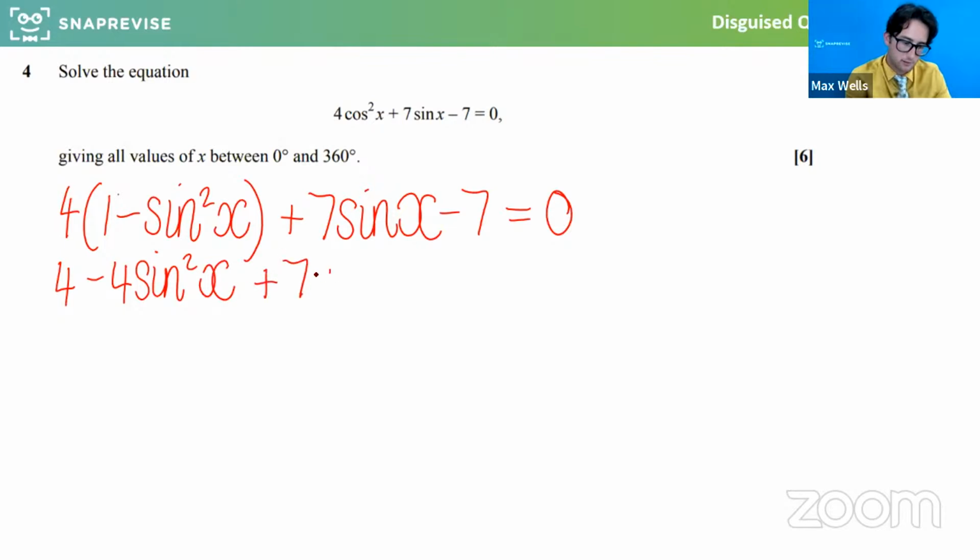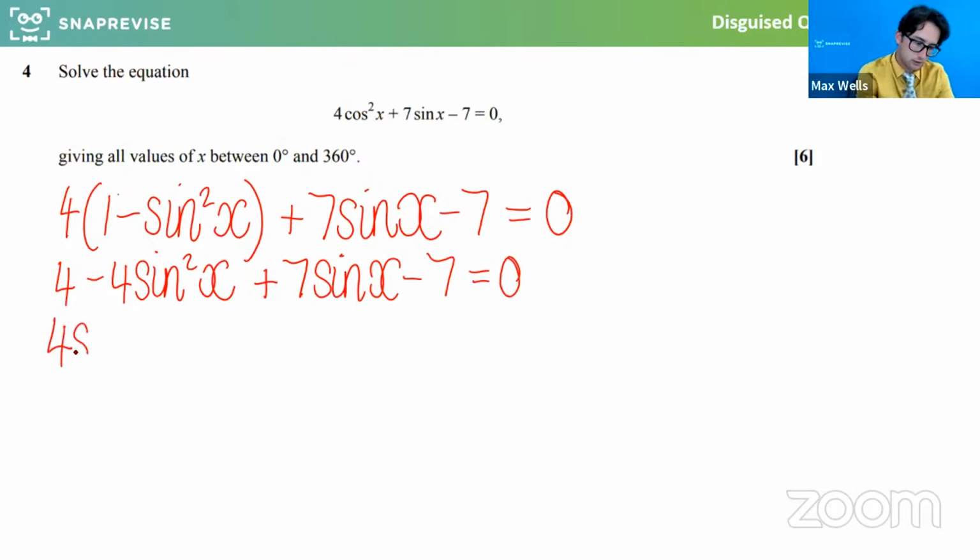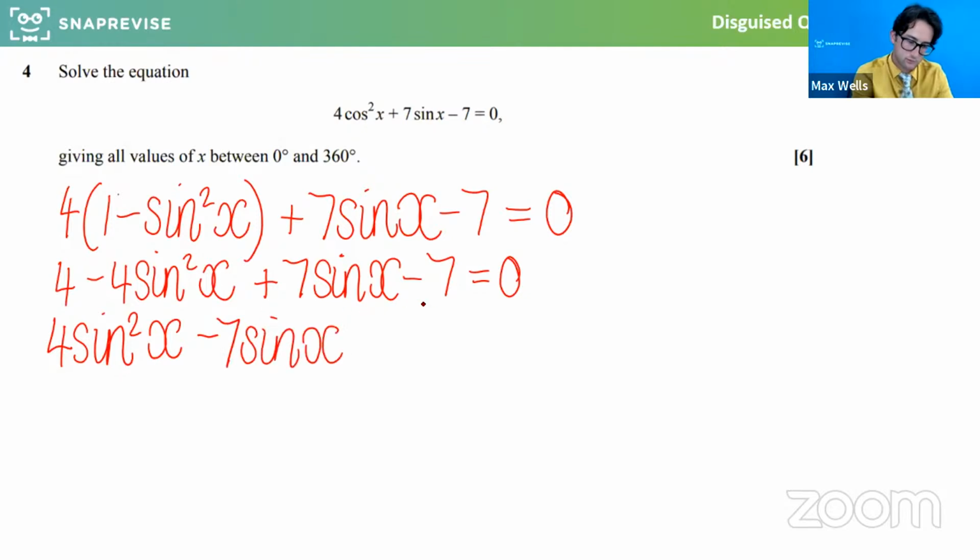Plus 7 sine x. I'm going to bring it to the other side because I don't like having a negative sine squared. And then minus 7 plus 4 is minus 3, but I'm bringing it across positive 3.